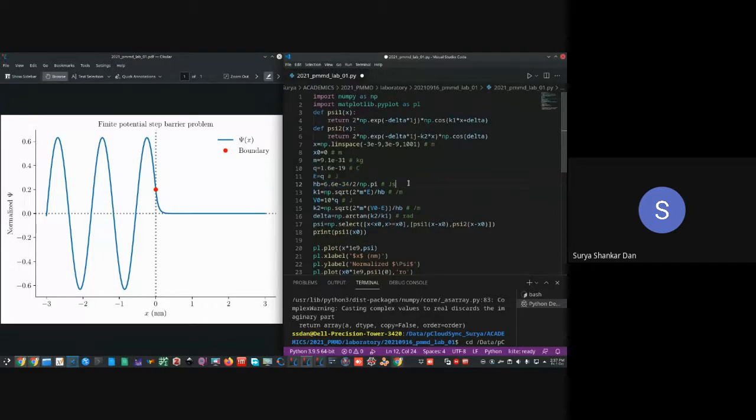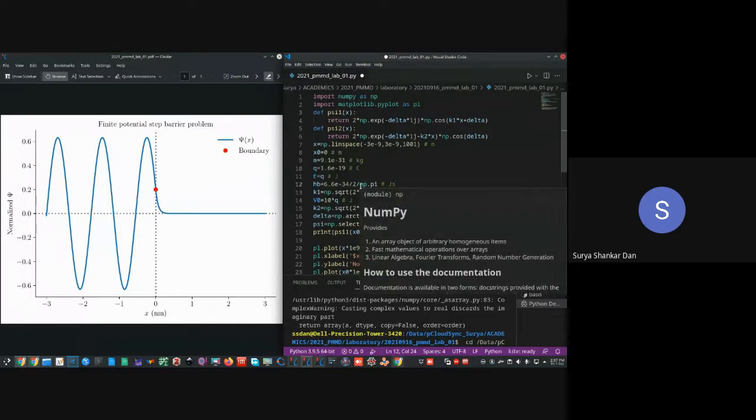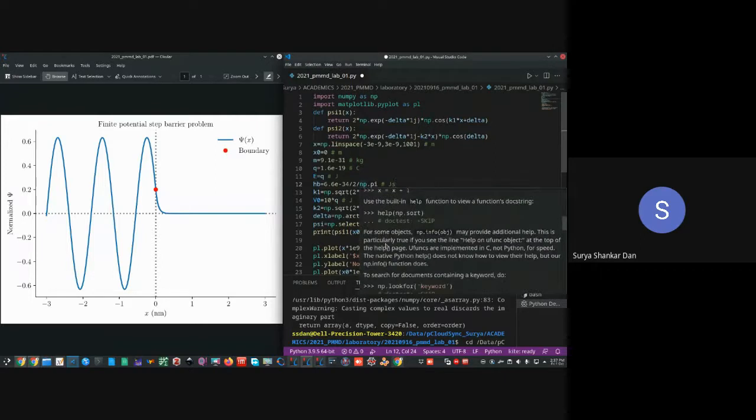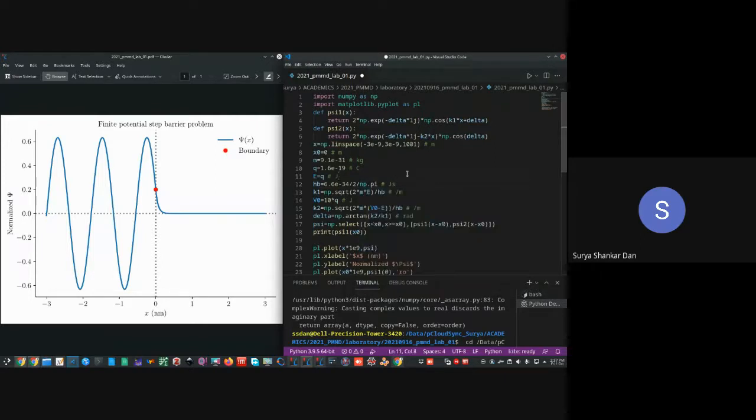Pi is already there in NumPy, so I have just used NumPy modules. You can see the documentation in detail if you are using Visual Studio. Now V0 is an arbitrary height of the energy barrier. Notice how many joules we have taken: q joules, right? And this finite potential barrier problem essentially means that the barrier height is much larger.